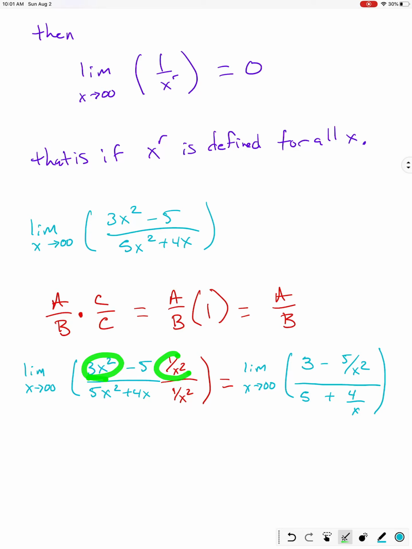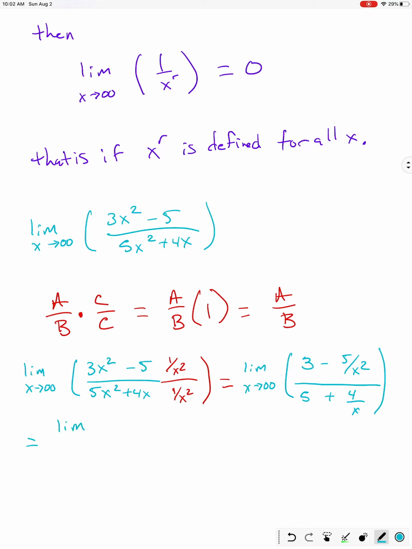Now I've done some of that algebra in my head. So 3x squared multiplied by 1 over x squared is just 3. And minus 5 times 1 over x squared is minus 5 over x squared. And 5x squared multiplied by 1 over x squared is 5. And 4x multiplied by 1 over x squared, one of those x's would cancel and leave me with 4 over x.